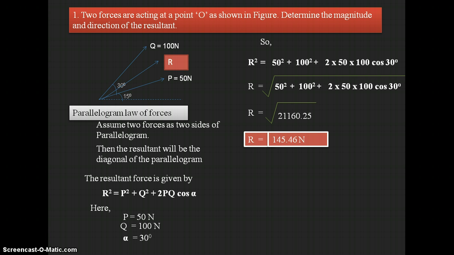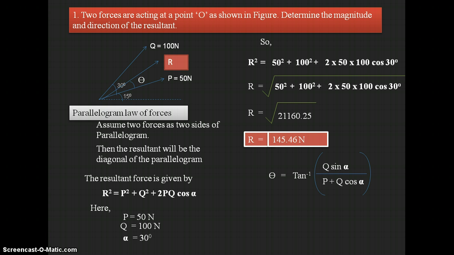For this resultant force we can also find the angle theta, that is the angle made by the resultant force with the adjacent side, that is the P force. This theta value can be determined by the formula theta is equal to tan inverse of Q sine alpha by P plus Q cos alpha.